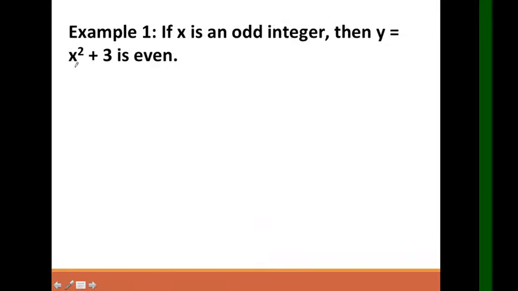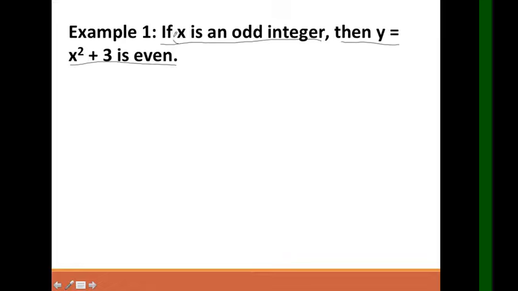Let's use color black. Okay, so it is said that if x is an integer, that's the hypothesis, then the conclusion is y equals x squared plus 3 is even. So, how do we solve this?